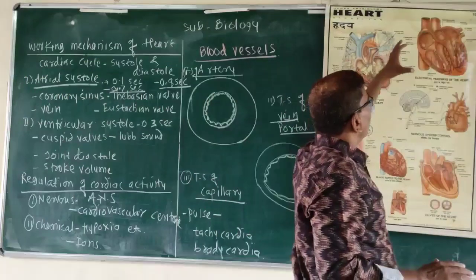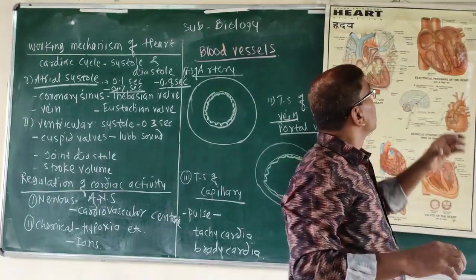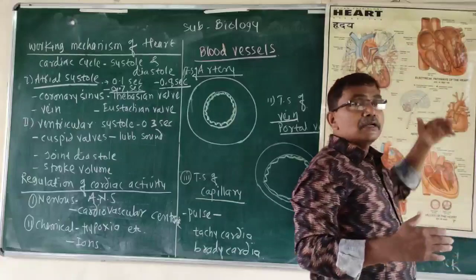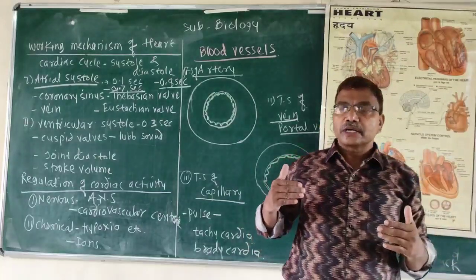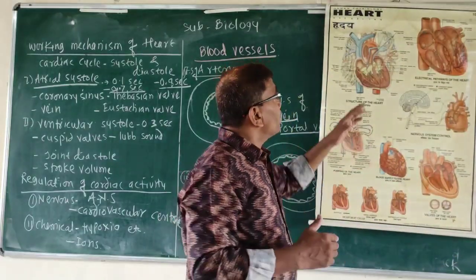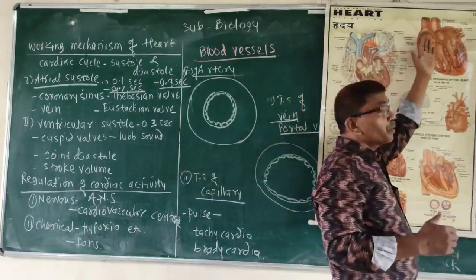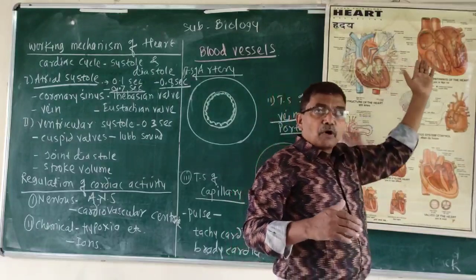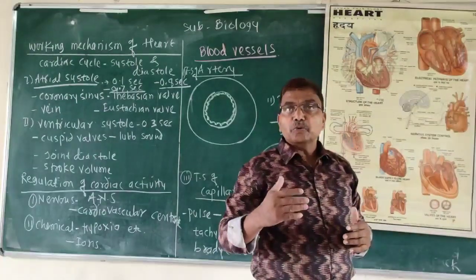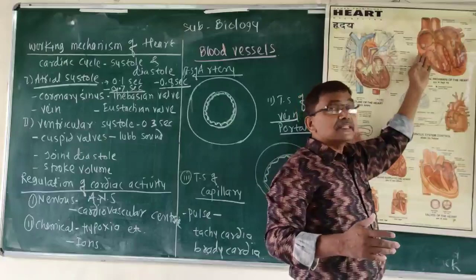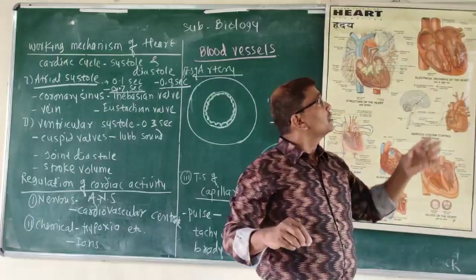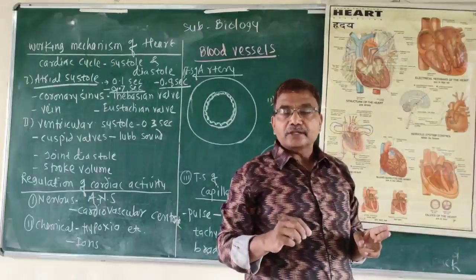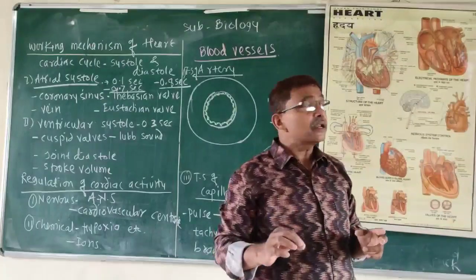With the contraction of blood in the atrium, what happens? Many times in the blood vessels there are chances of backflow of the blood, and to prevent that there are some valves present. The presence of valves depends on the position of the blood vessels or the openings in the heart. Here, the pulmonary veins pour pure blood into the left atrium.